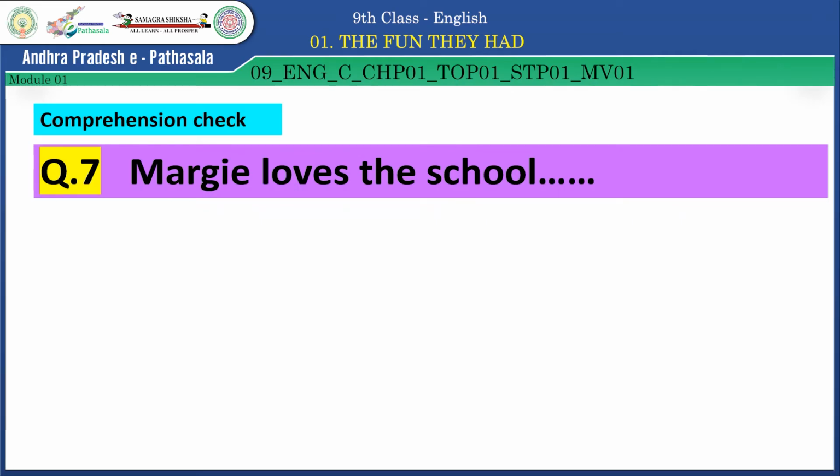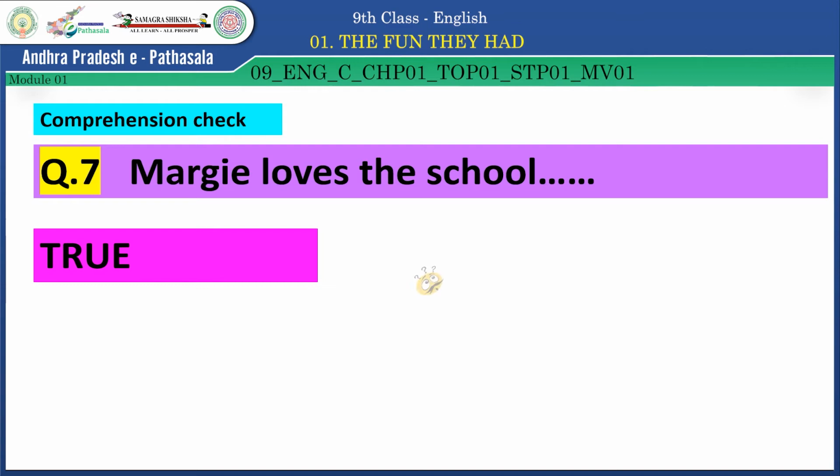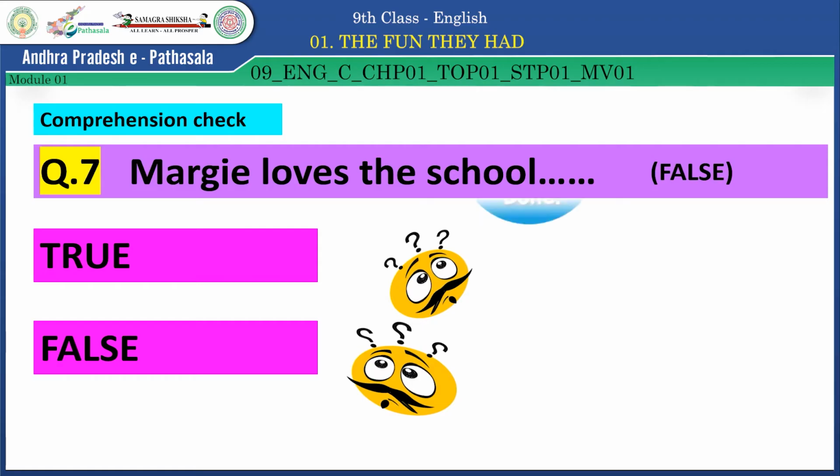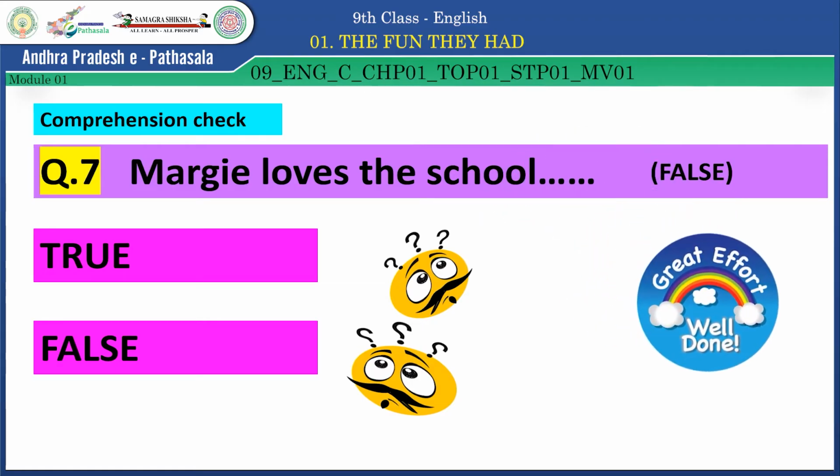Is the statement true or false? What do you say? Yes, it is false. Well done. Are you curious to know why Margie hates the school? Let's continue our reading of the text.